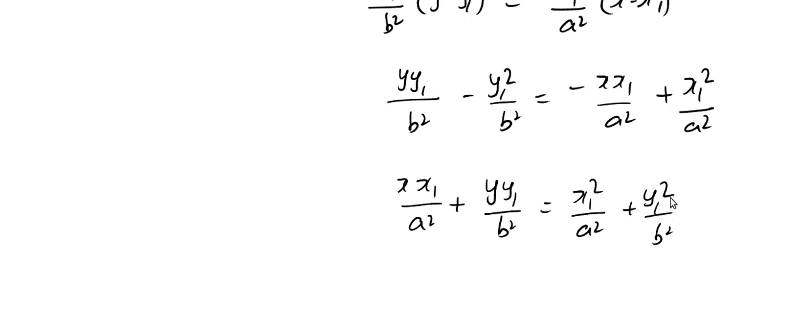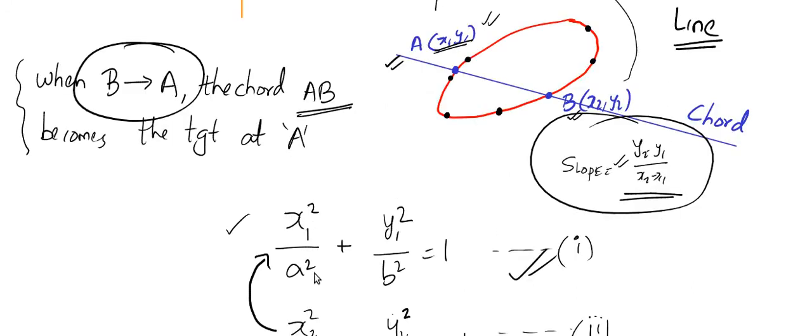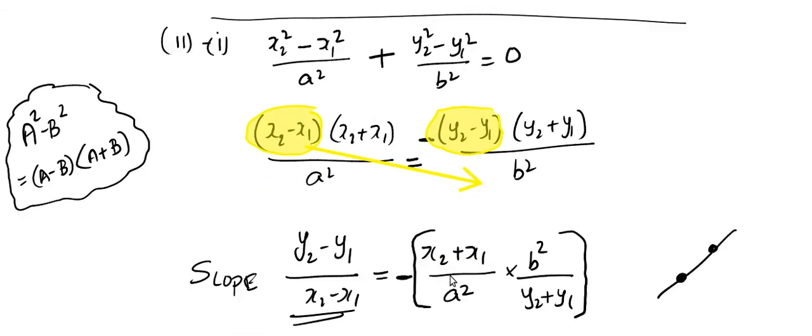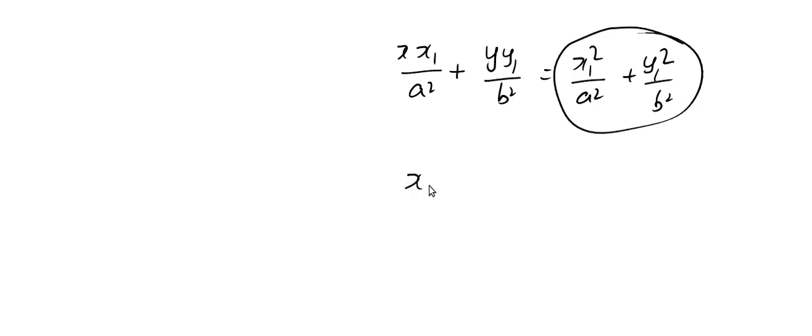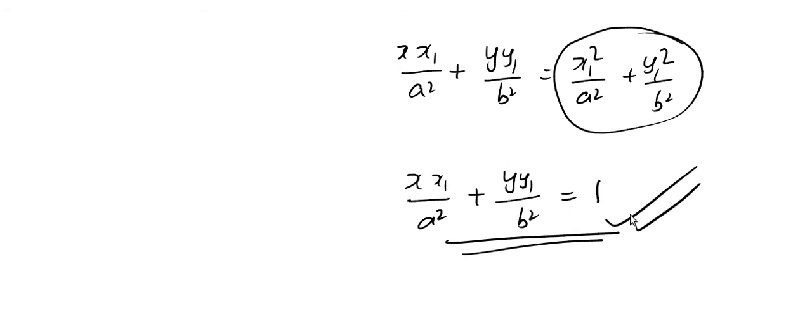Wait a minute, I have seen this guy somewhere. What is x1 square by a square plus y1 square by b square? Isn't it equal to 1? Yeah. So what we do is we plug in 1 here. So we get x1 x by a square plus y1 y by b square is equal to 1. That's it. That's it, my friends. The derivation was quite easy.